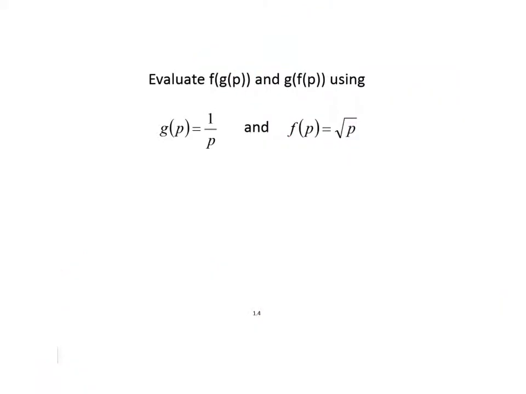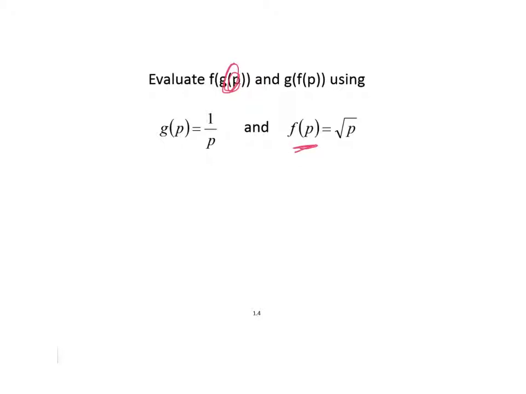So what do we do? You find g of p first, I think. f of g of p and g of f of p. So here, g of p gets dropped into the f function, right? So here's the f function.